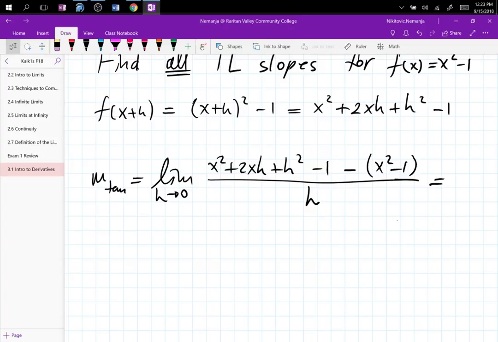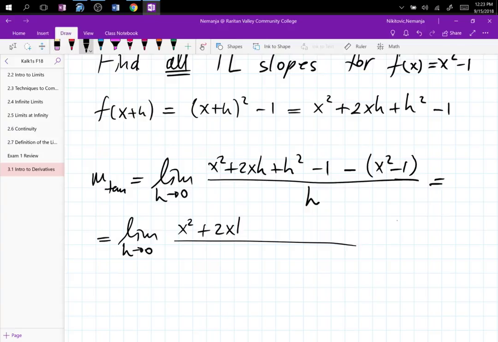So all we did is we plugged everything in. Clean it up. x squared plus 2xh plus h squared minus 1 minus x squared plus 1, divided by h.